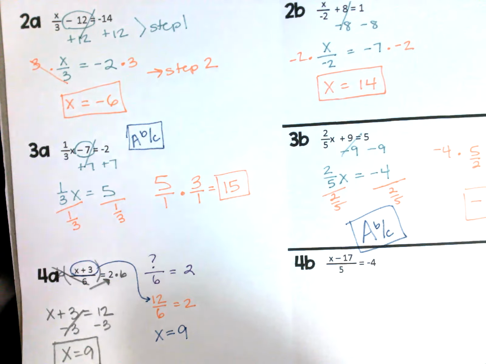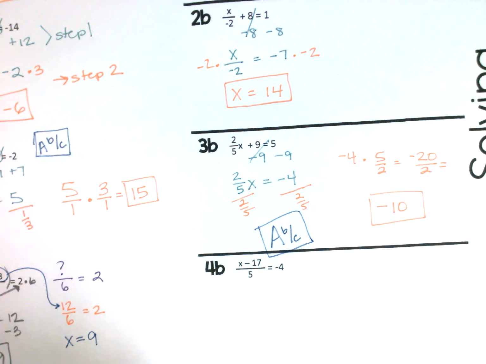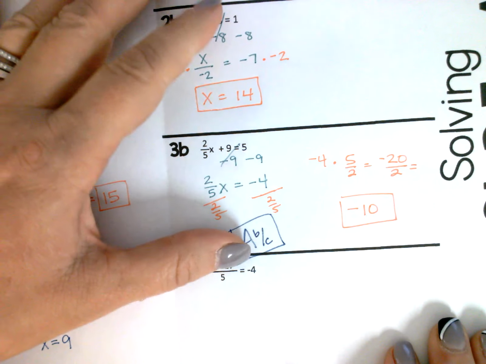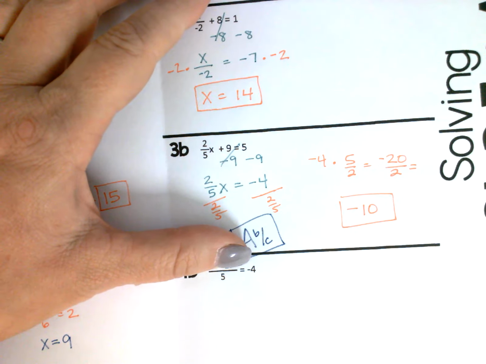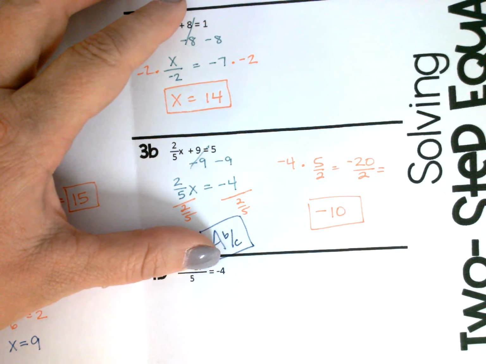So either way, you can cover it up and think your way through it, or you can mathematically solve it. I'm not going to ask you to pause the video and try this one. I am going to do this one with you. So, covering this up, what number divided by 5 equals negative 4?